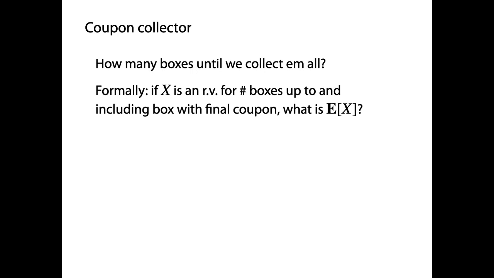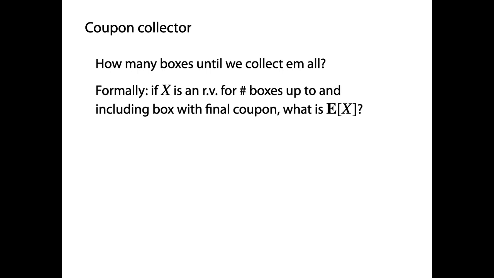What makes this scenario more complicated than average is that the probability that the next draw yields a new coupon is changing as we collect more. As we collect more, it gets harder to collect the next one.